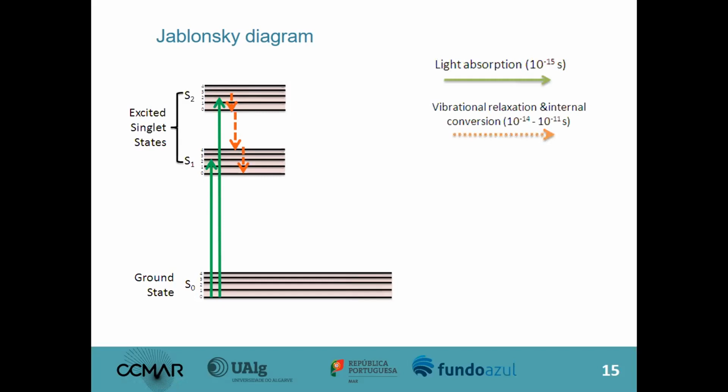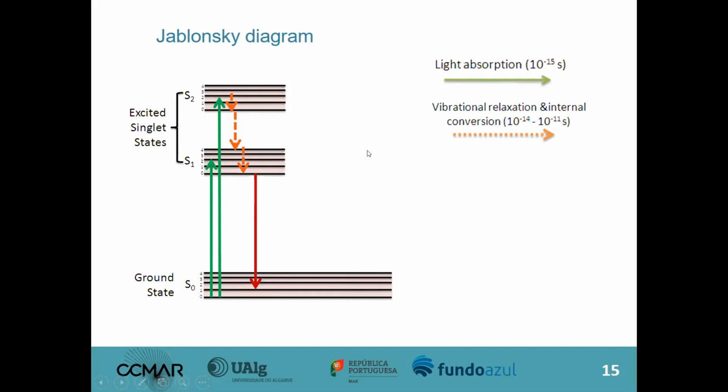And then other phenomena take place from this level here, that is the lowest vibrational energy level of the excited state. If it is a radiative transition, that is a transition from the excited state to the ground state with emission of light, this process is called fluorescence.